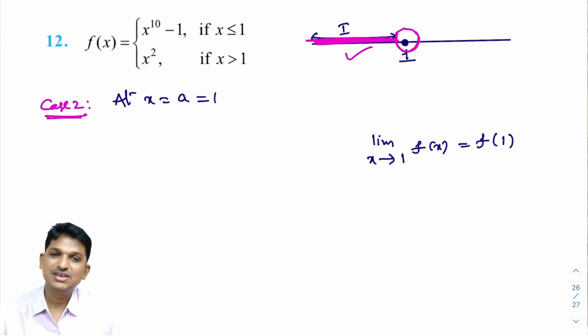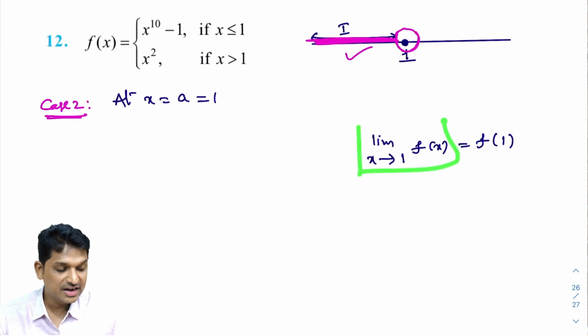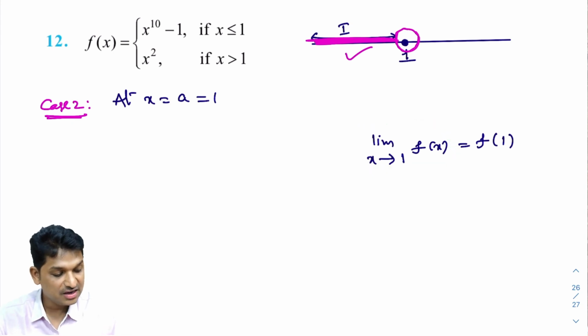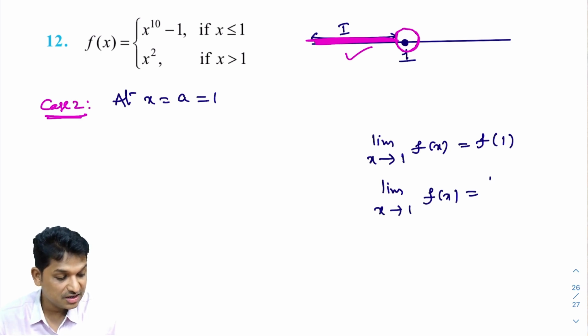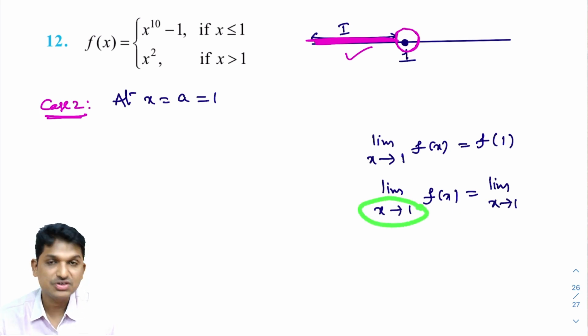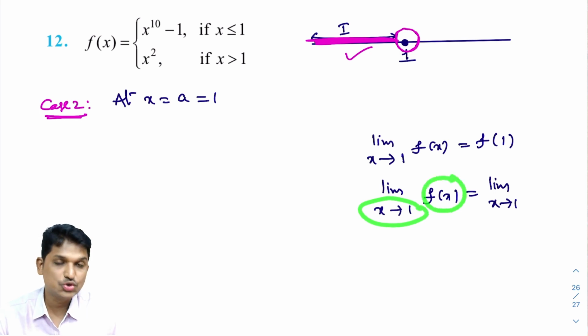This is the case where you may get confused, because calculating this part is not so easy. I need to calculate limit as x approaches 1, f of x. Here the problem is, as x approaches 1, which function to choose?